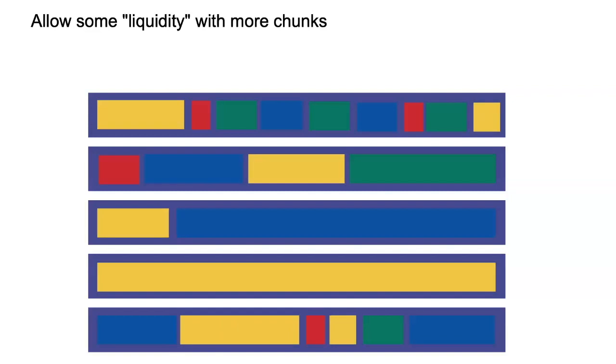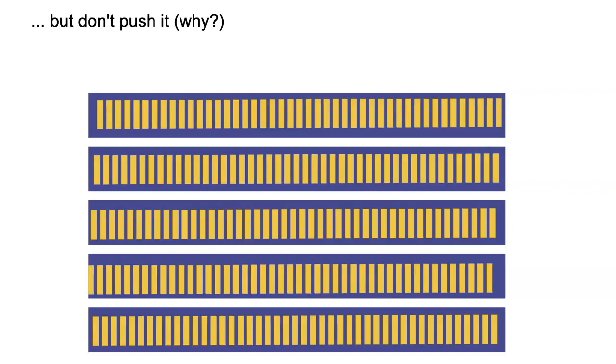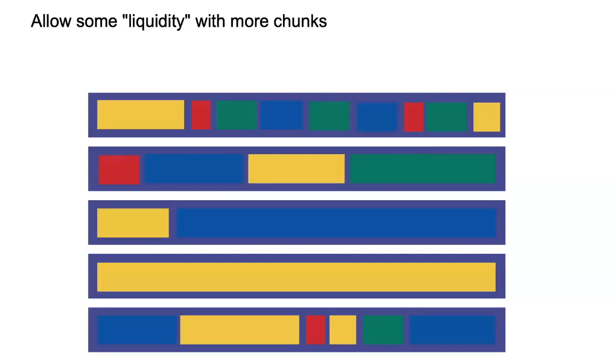So this is why you need to have more tasks and let them distribute dynamically like this. It will even things out a little bit. But do not push it, because if you have too small tasks, what problem do you run into? Starts with an L. Latency, exactly. Then you have latency issues. So do not push it too much. Let's say 3 to 5 times the number of slots for the tasks is kind of nice, right? But of course, people have different preferences, but this is kind of a rule of thumb.